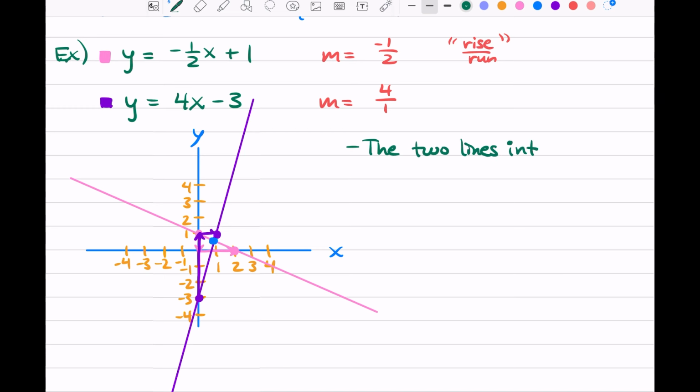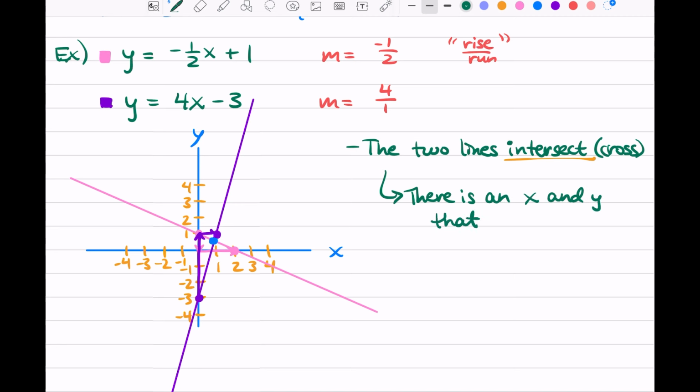So we say that the two lines intersect. And that means that there is an x and y that is a solution to both equations.